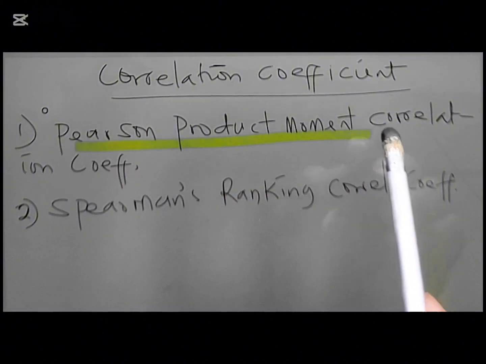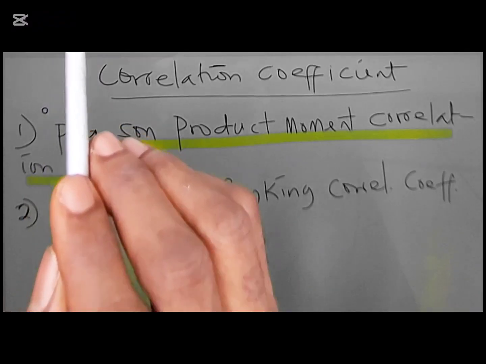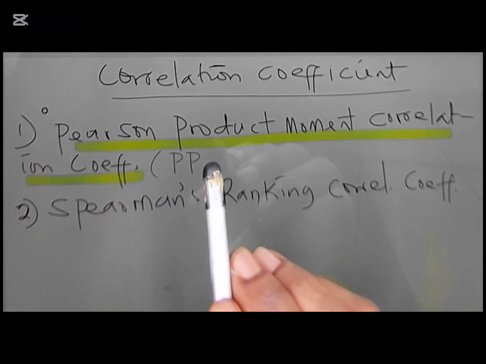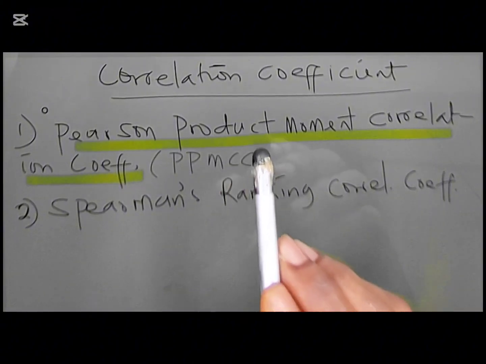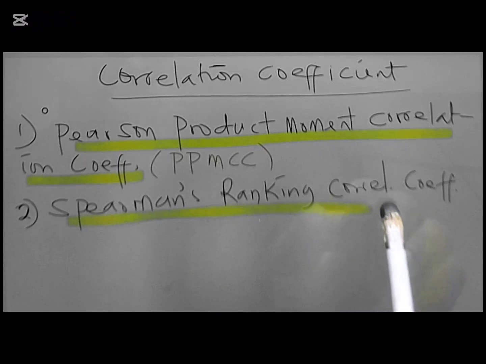Pearson product moment correlation coefficient. You can also call this PPMCC. Please take note. The second one here is said to be Spearman's ranking correlation.